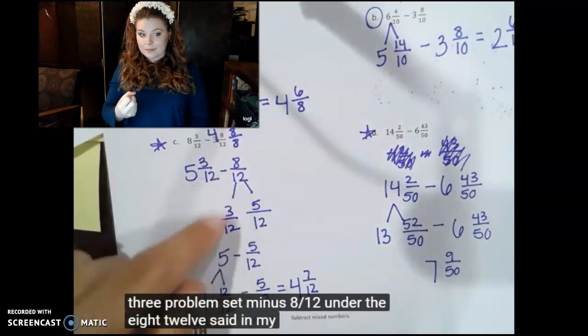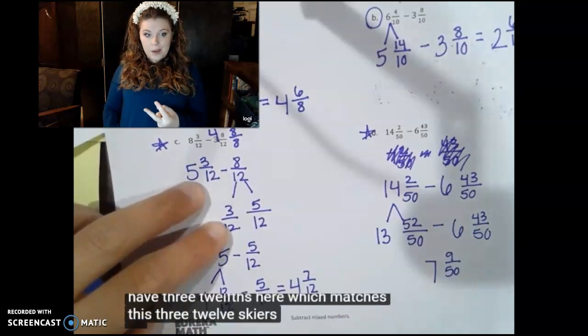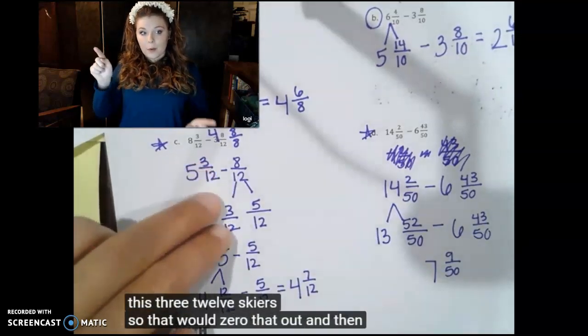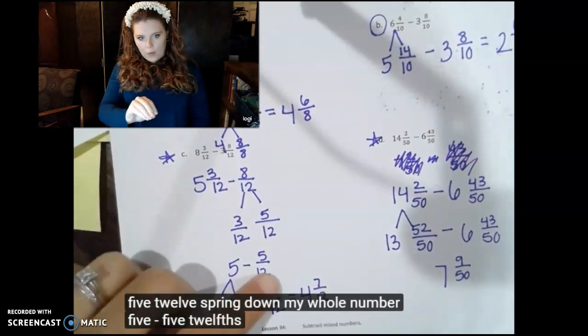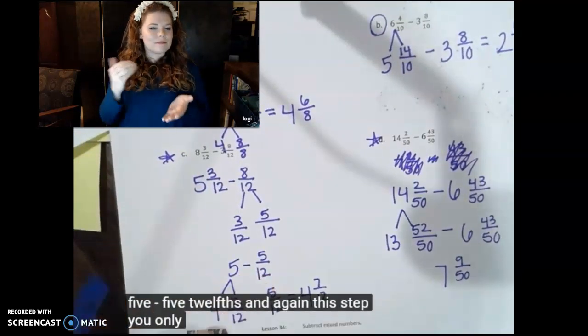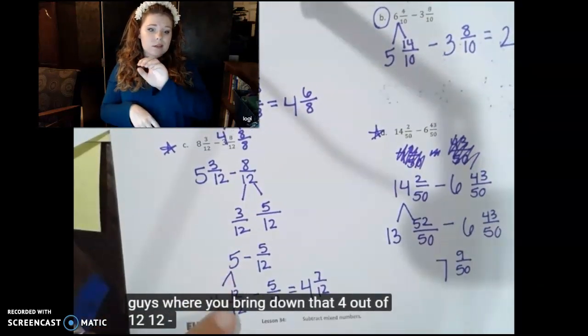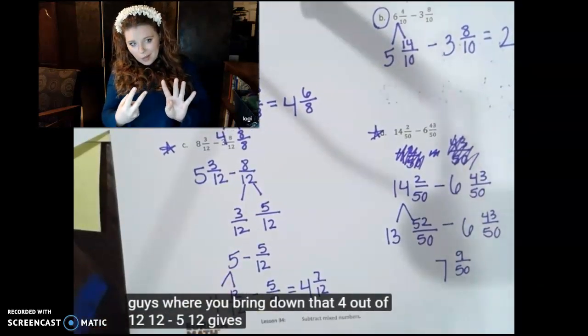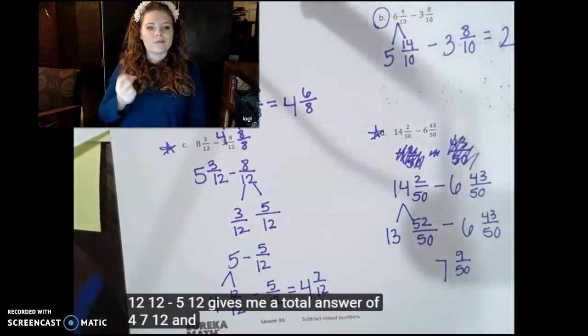I have 3/12 here, which matches this 3/12 here, so that would zero that out. And then 5/12, bring down my whole number 5, minus 5/12. And again, this step, you only have to use it if you need to, guys, where you bring down that 4 out of 12/12 minus 5/12 gives me a total answer of 4 7/12.